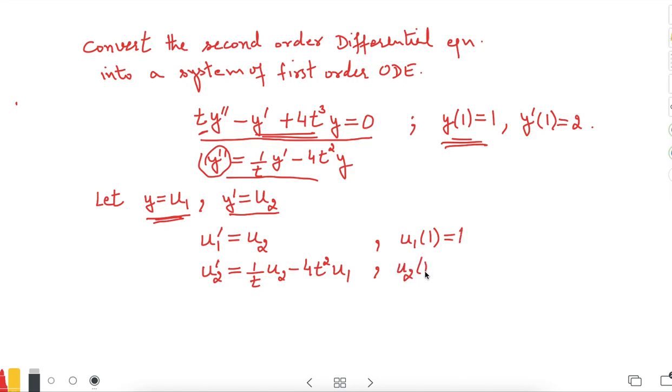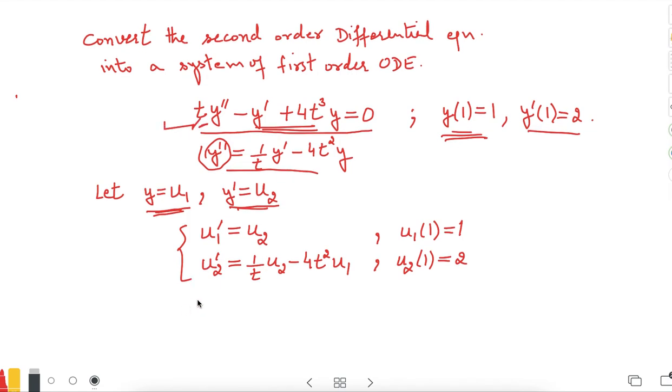Then u2 at 1, and by definition u2 at 1 means y dash at 1, and y dash at 1 is 2. So we get this. Okay, so easily we have converted this second order differential equation into a system of first order differential equations along with the conditions.